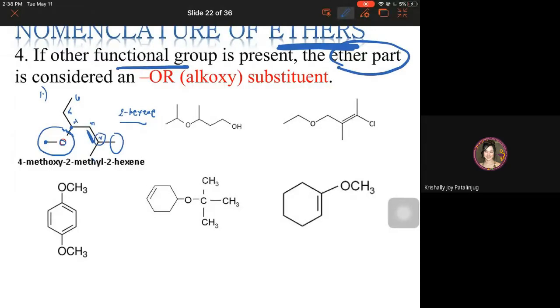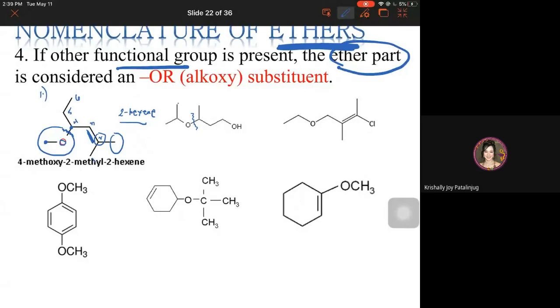Okay, let's continue. Second molecule. As you can see, there is an alcohol and an ether with an OH. So name this compound as if it is an alcohol. What will happen to the ether part? The ether part, from the oxygen onwards to its R group, becomes alkoxy.